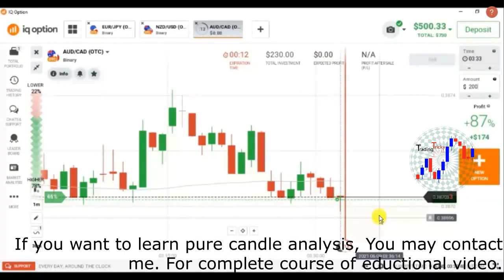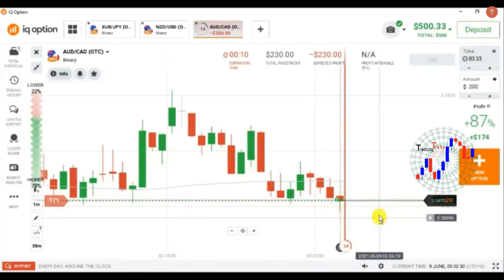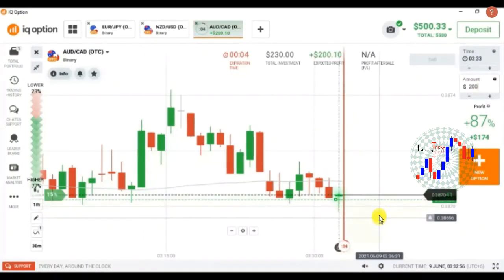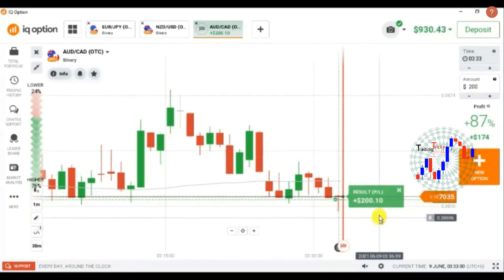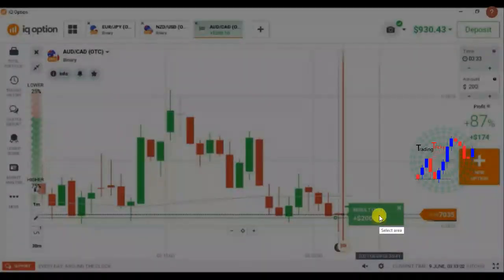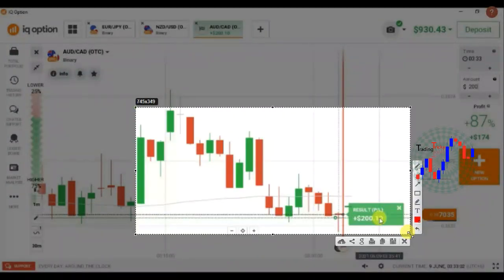Okay, so you can see buyers trying. Still we have 5 seconds. Okay, so at the end we can see buyer's entry. Yes, so this is a red candle. This is a red candle, but we have buyer's entry.